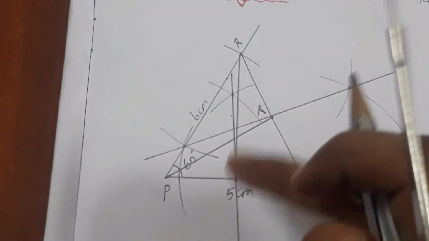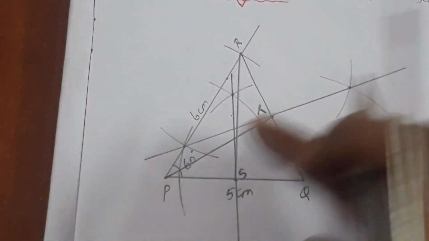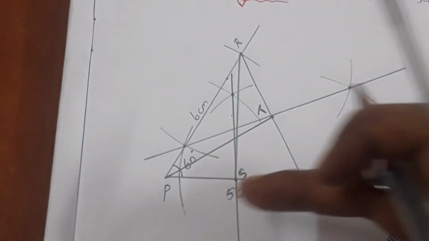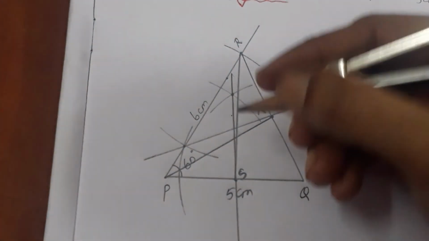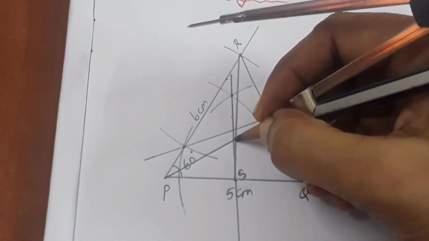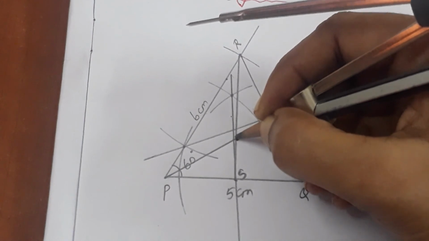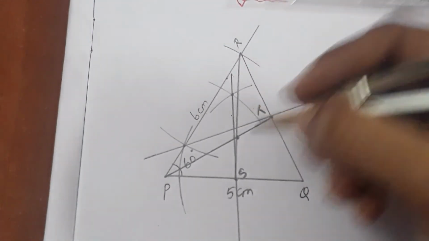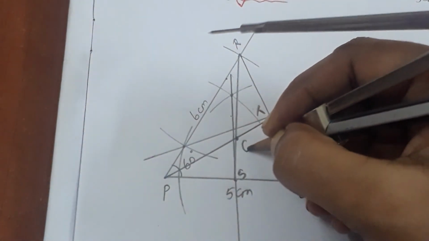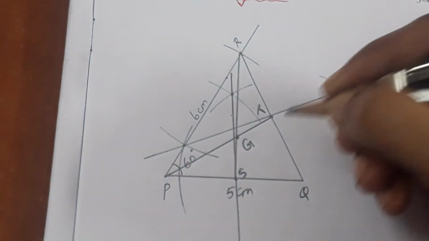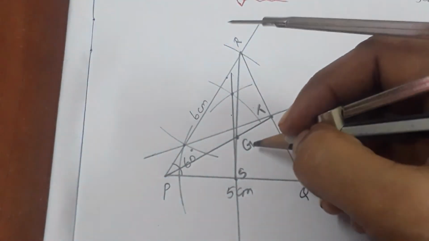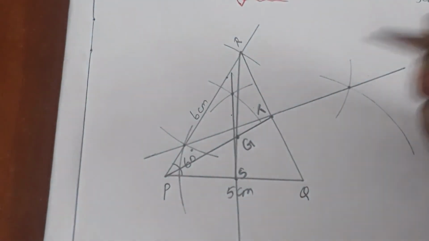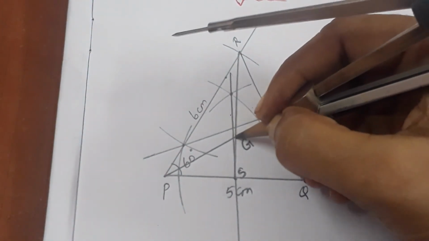So now we have two medians, PT and RS. These two medians will meet here. Understood? So mark that point carefully. That point is known as the centroid G. Centroid is always known as the letter G. Understood? So this is our centroid.